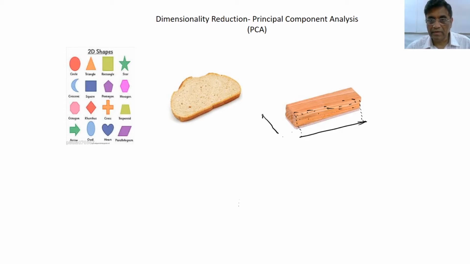Because if we project all here, okay, the variance, because in higher dimensional feature space I cannot visualize this 3D object, but here you can visualize it. The variance here will be much less than the variance here, and this less variance does not reflect the actual representation of the object.